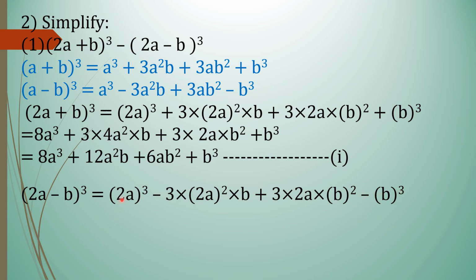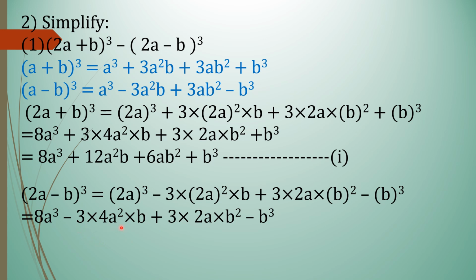So now 2a the whole cube will become 8a cube, then minus 3 into 2a the whole square will become 4a square into b plus, now 3 into 2a will write down into the b whole square. We'll solve this, then it will become b square minus b cube.